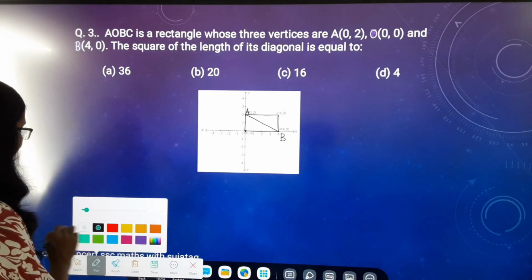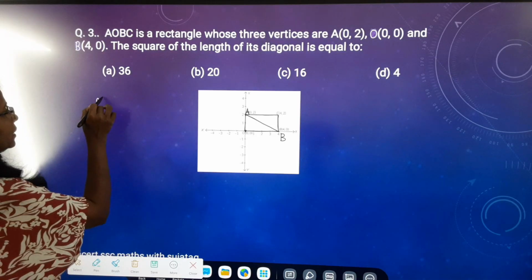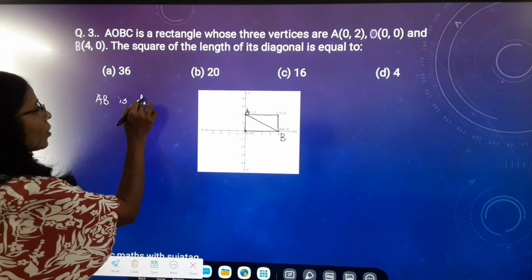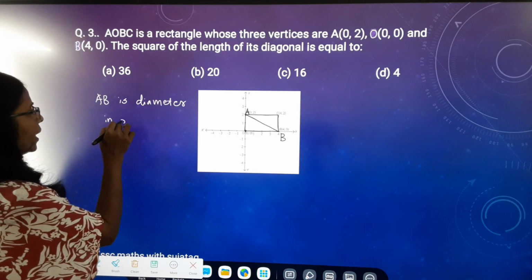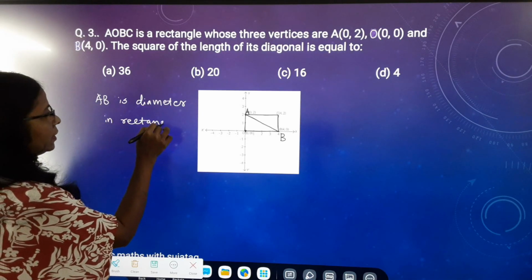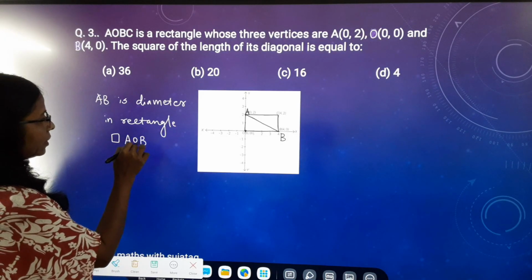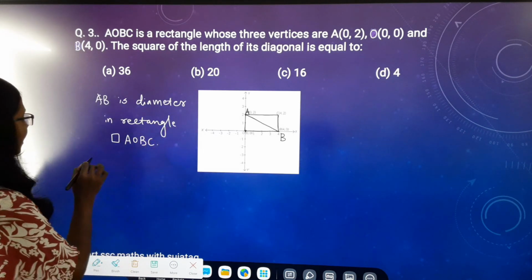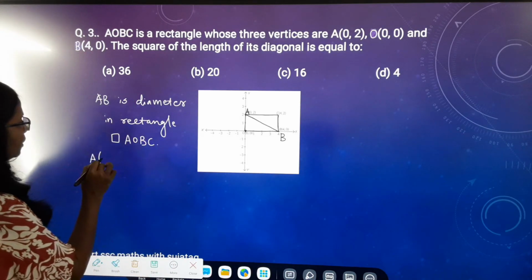Here students, first we write down the length AB. AB is a diagonal in the given rectangle AOBC. The coordinates of A are (0, 2).